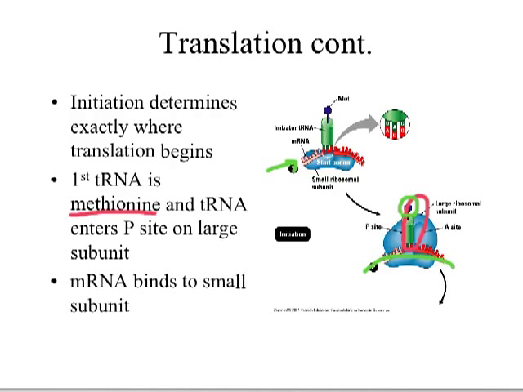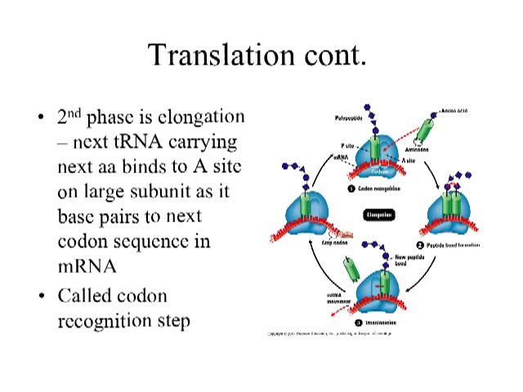Once we've got the small subunit hooked up with the mRNA, and then we've got the large subunit there with the first initiator tRNA in that P site, initiation is complete. So we can move on to the second phase, which, just like transcription, is called elongation, because the next tRNA carrying the amino acid is going to come and bind to the A site in the large subunit. And remember, it's going to have base pairs that are complementary to the mRNA that's sitting in the small subunit.